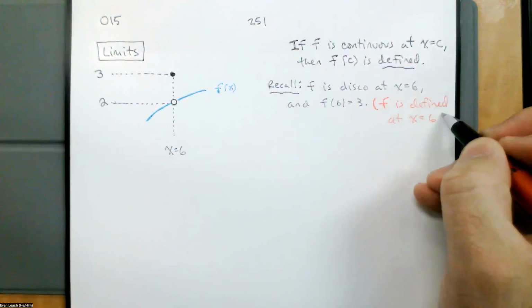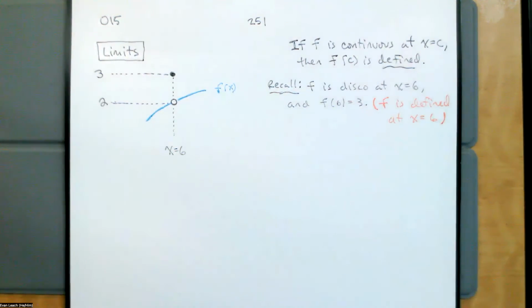F is defined at x equals 6, but there's another problem. It looks like from the left, the function is headed up towards 2, and then from the right, the function is headed towards 2.